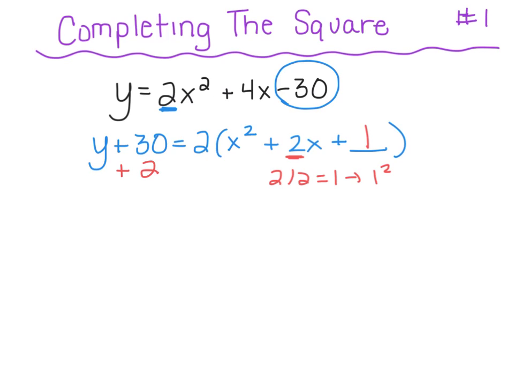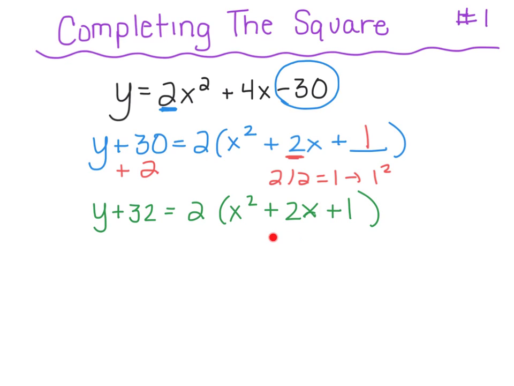So now my equation looks like y plus 32 equals 2 times x squared plus 2x plus 1. Whoops, that's a very sloppy x.